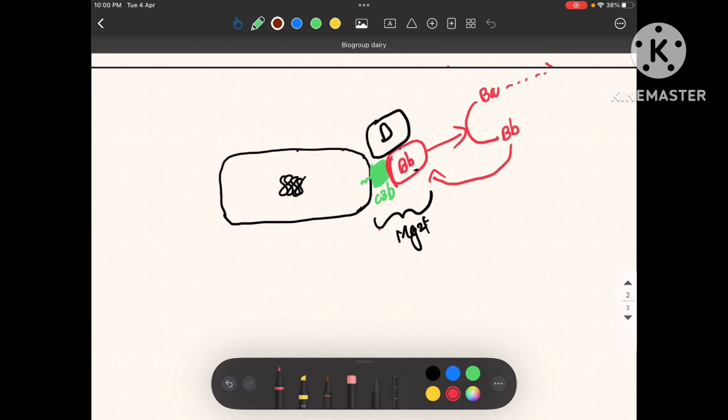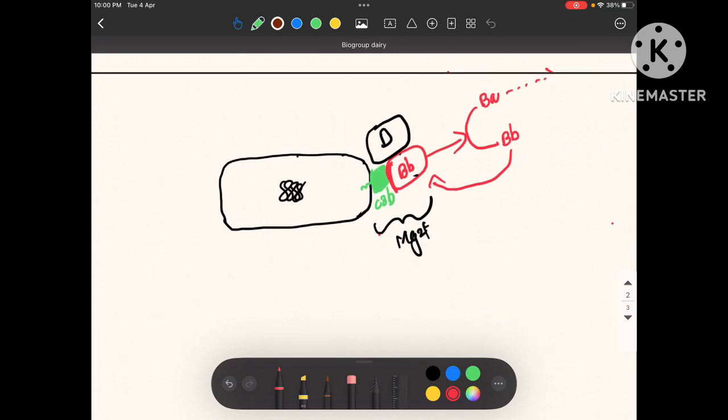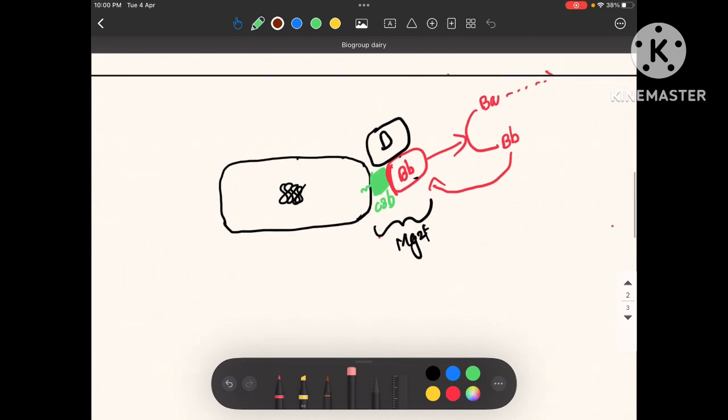The smaller Ba is released, but Bb remains attached to the surface of the bacteria. At the same time, factor D has performed its function, so factor D also diffuses away.